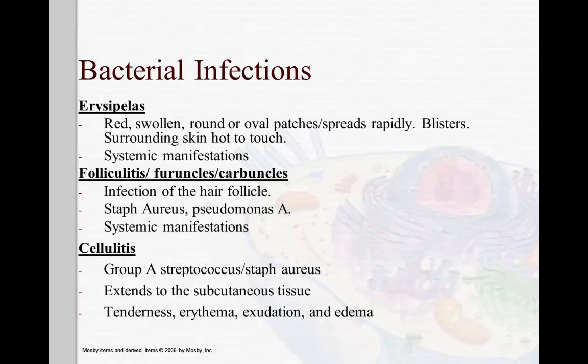The symptoms are very similar, but they tend to spread more rapidly into erythema and edema, causing fever and lymphadenopathies. The diagnosis is basically by clinical appearance and also by cultures.